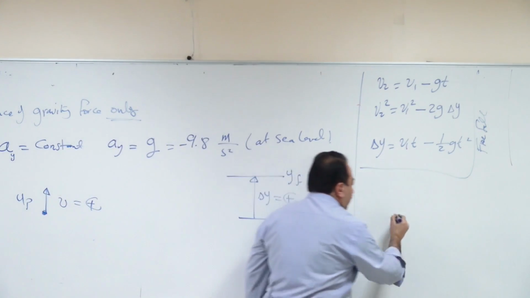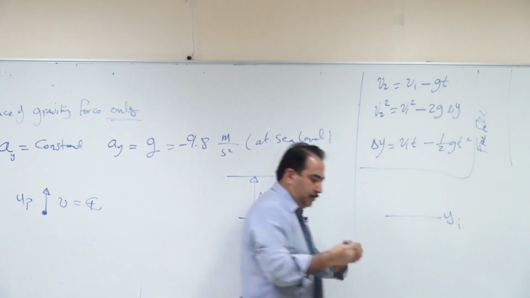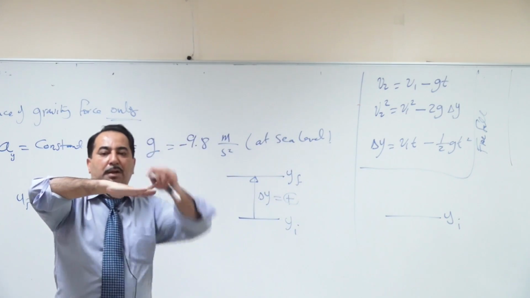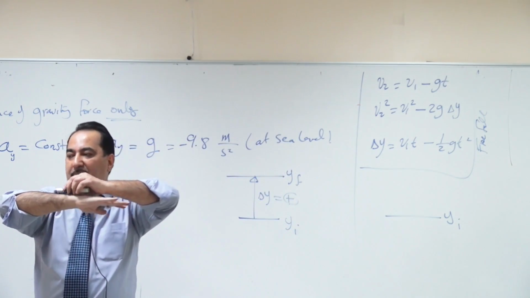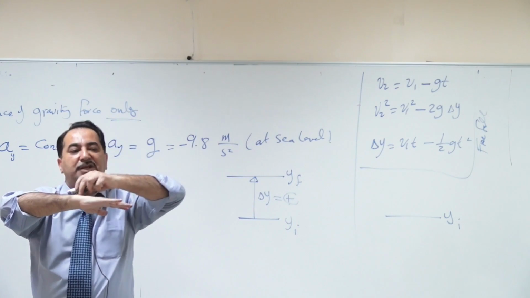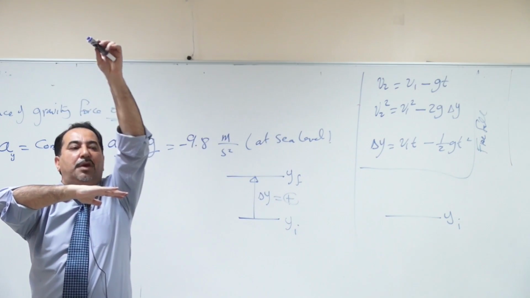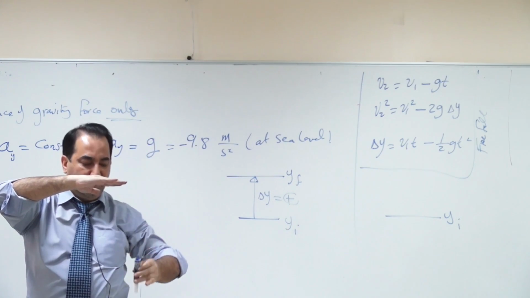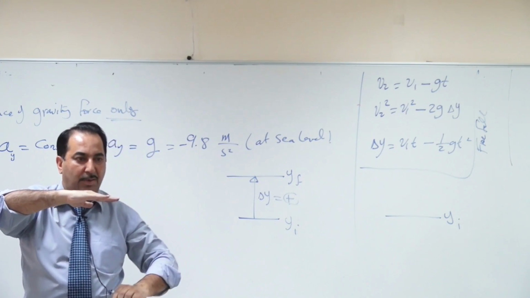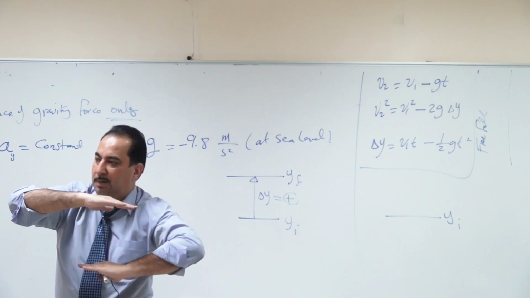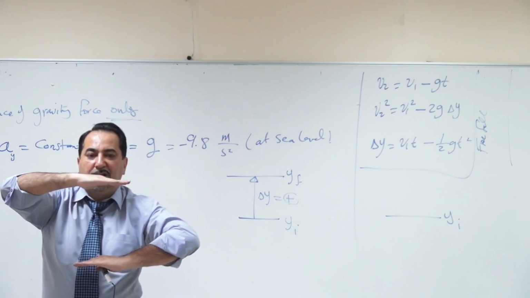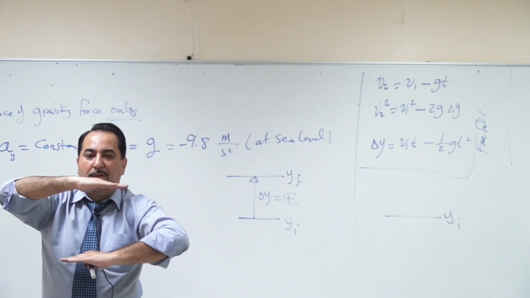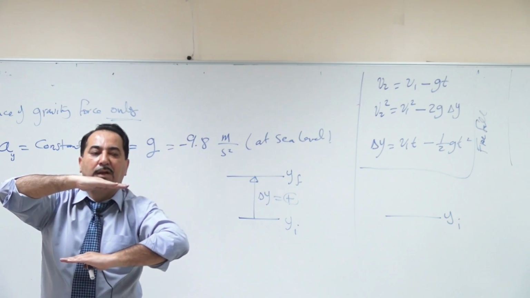Let's say now you are here at y initial. Put your hand here. Now I threw the pen. Look at my hand. This is the initial point. It goes up, stops, and comes down to the level of my hand, before it reaches the ground. Where is the second level? Initial, final. Which way are you pointing? Down.